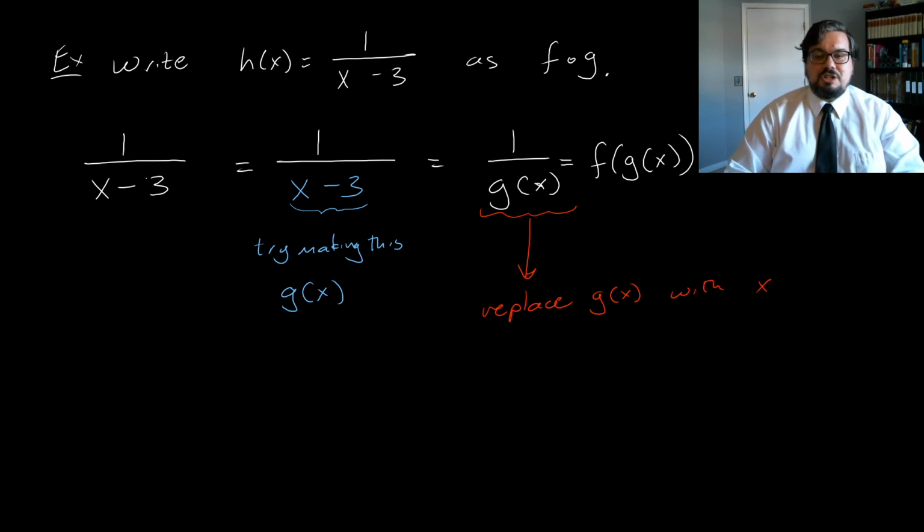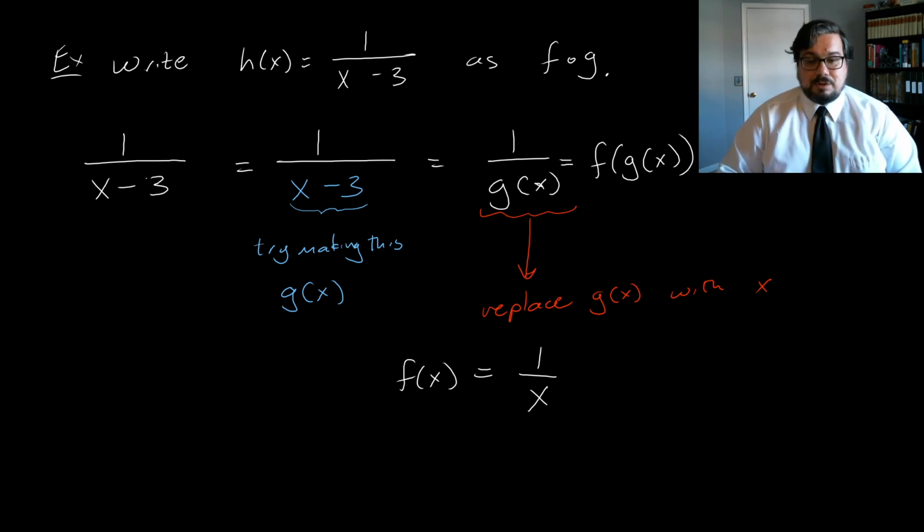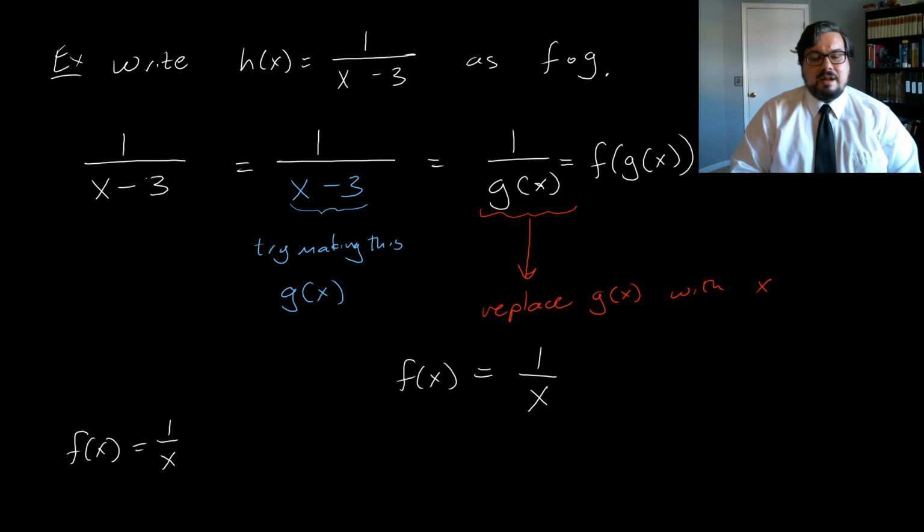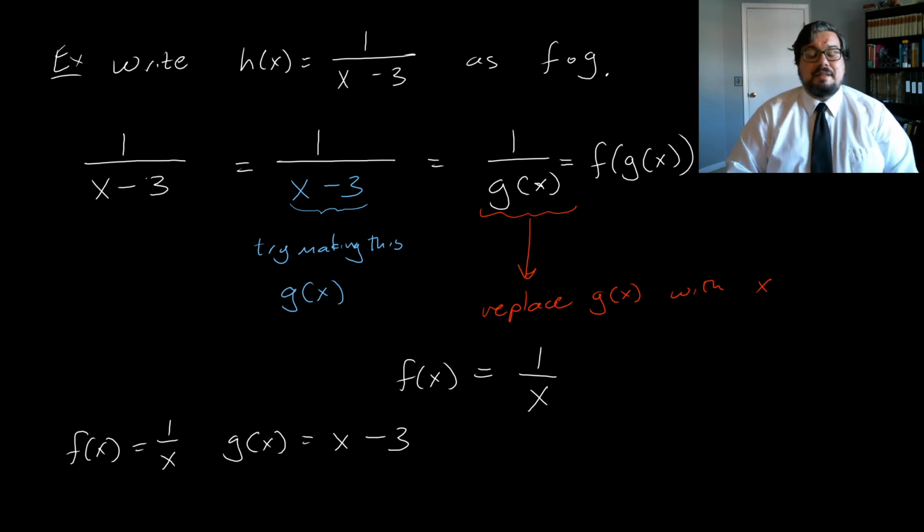If we replace this g of x with just x, we get 1 over x, and that's what we can let our function f of x equal. So in this problem, we can let f of x equal 1 over x and g of x equal x minus 3, and that gives us what we need.